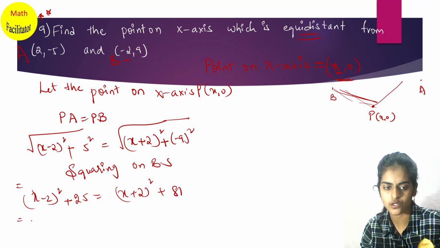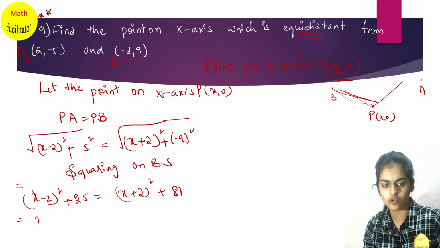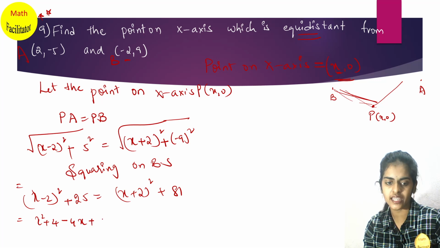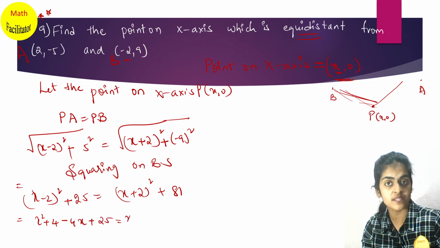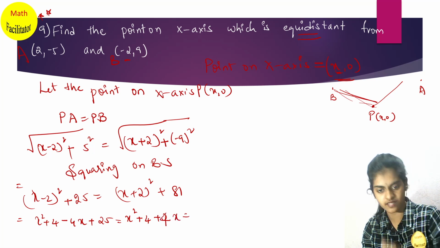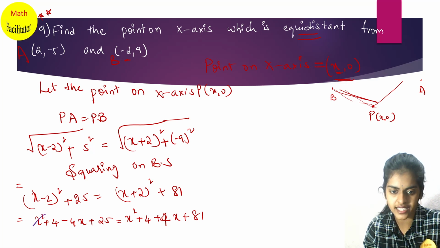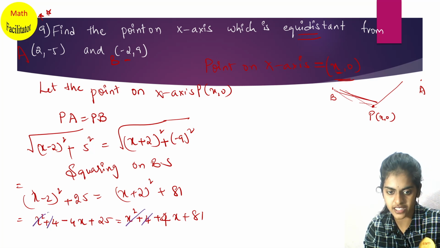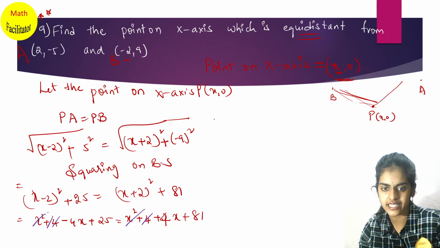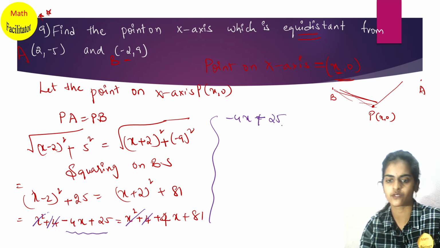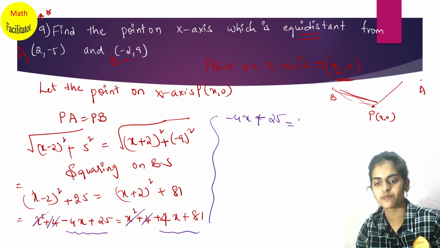Now this is like the (a - b) whole square formula: a square plus b square minus 2ab, plus 25, is equal to (a + b) whole square, a square plus b square plus 2ab, which gives you 4x plus 81. Now here x square and x square get cancelled. Plus 4 and plus 4 get cancelled. So what is remaining is minus 4x plus 25 is equal to 4x plus 81.